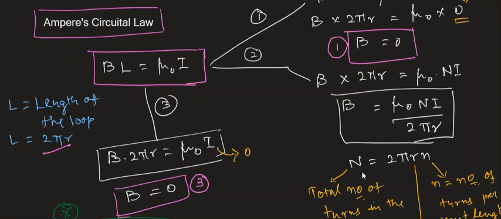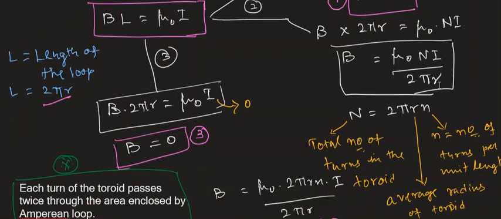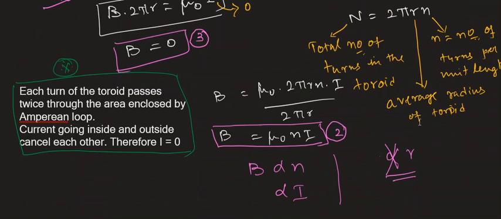We already know N is equal to the total circumference into n, the number of turns per unit length. Therefore B is equal to mu 0 into 2 pi r n i divided by 2 pi r, so 2 pi r can be cancelled. Now you have B is equal to mu 0 n i, where mu 0 is constant.